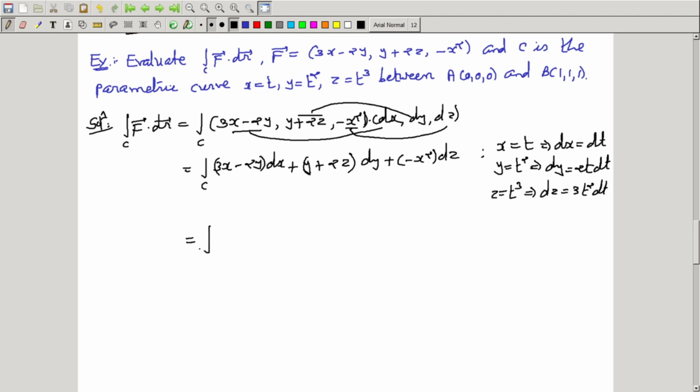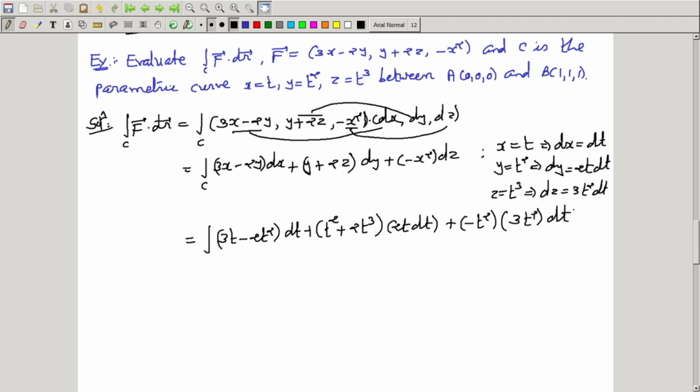So if I substitute the values of x, y and z in this integral, what I am getting: 3 into t minus 2t square, dx is dt, plus y, which is t square, plus 2z, z is t cube, so 2t cube, dy is twice t dt, plus minus of x square, x is t, so minus of t square into dz, dz is 3t square dt.